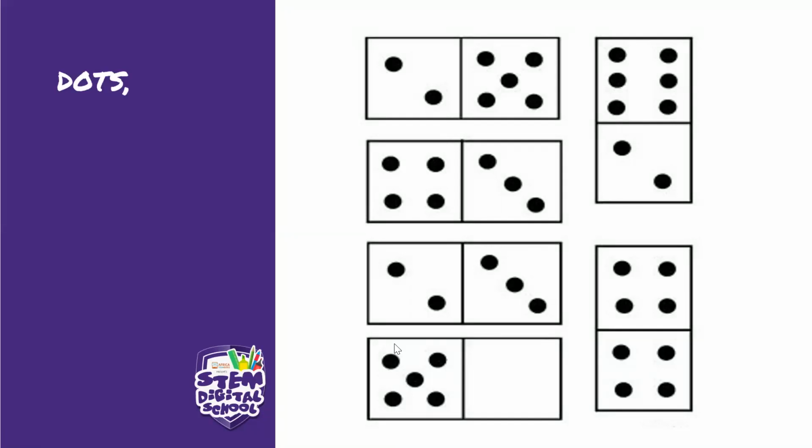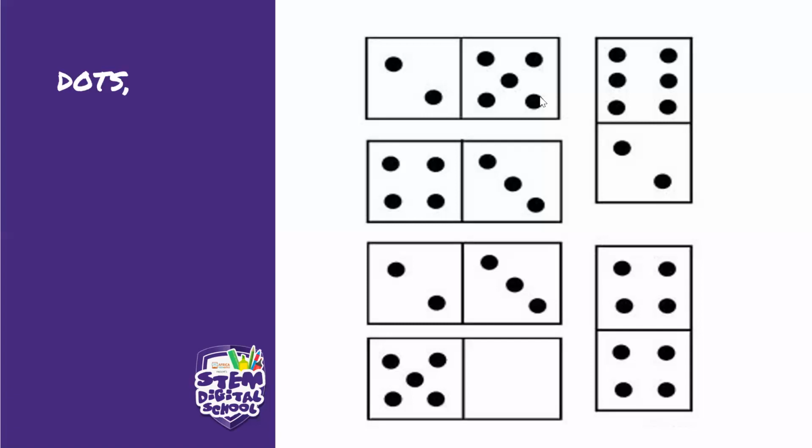Okay, let's see. I see some hands going up. Yes, let's count the dots in the first square. 1, 2. Okay, let's count the second square. 1, 2, 3, 4, 5.